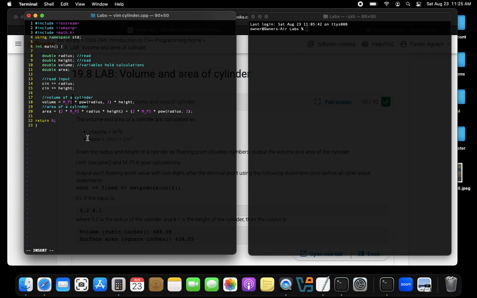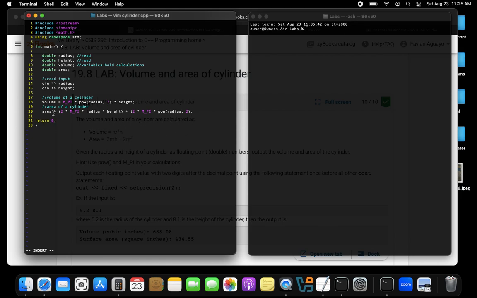So we've got area should be 2 pi rh plus 2 pi r squared. And we've got area equals 2 times pi times radius times height. That matches. Plus 2 times pi times radius squared. Okay.